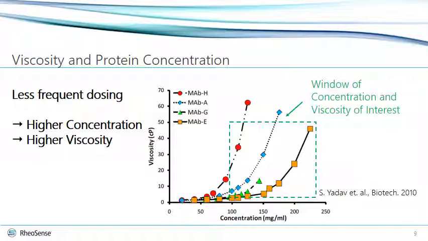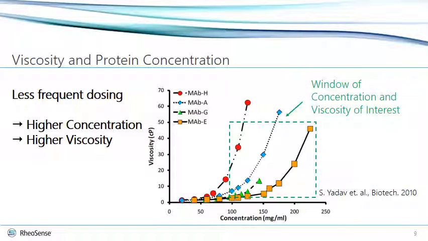As we can see in the figure, first, viscosity is not only dependent on concentration. It also depends on the specific therapeutic in the formulation. Small changes in the active compounds inside the drug can have significant effects on the viscosity.